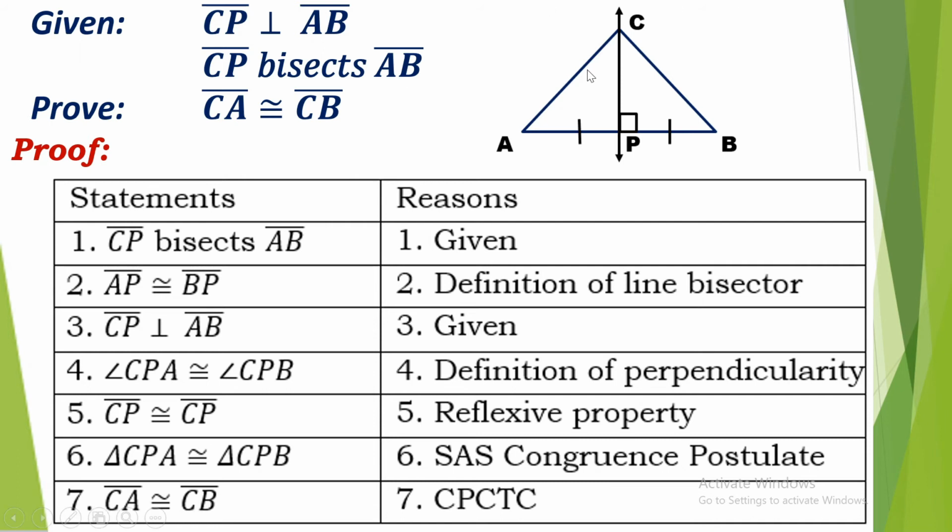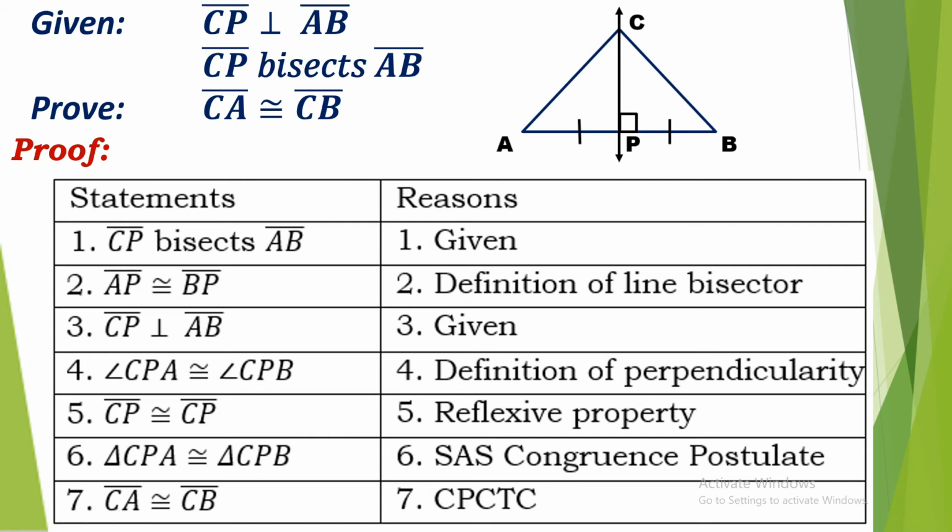Then of course, since we have here two triangles, then they have a common side, and that is segment CP. So by reflexive property, we have segment CP is congruent to segment CP.